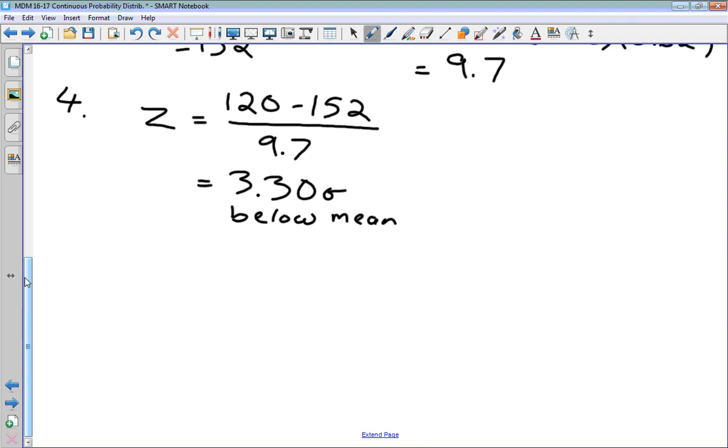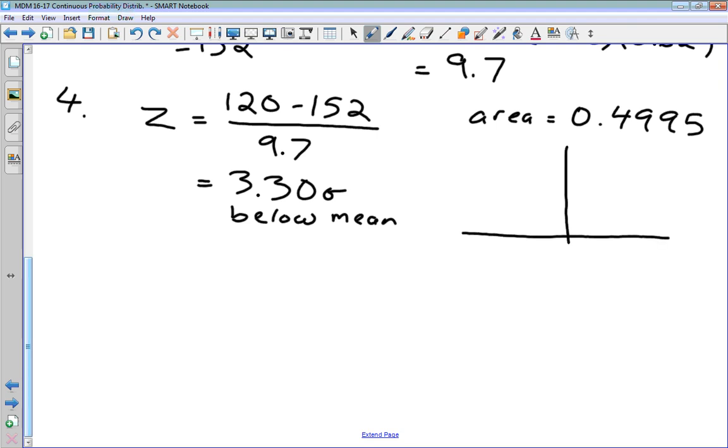So looking this up in the table, a z-score of 3.3 corresponds to an area of 0.4995. So what area are we looking for? Well, if we imagine our normal distribution here, with a mean of 152, we are interested in this value of 120 over here.